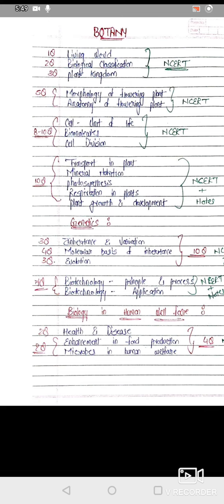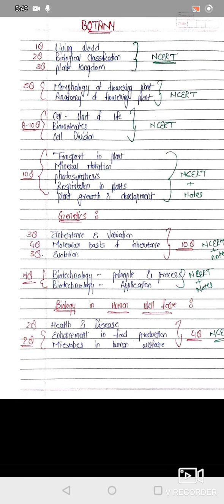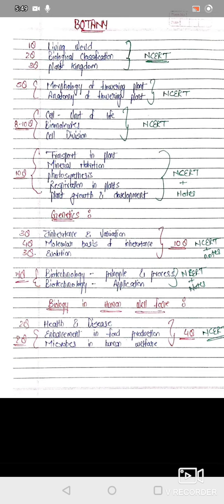But if you compare it with genetics, you are studying only 5 chapters including inheritance, variation, molecular basis, evolution, biotech process and application. You are studying only 5 chapters, but in return you are getting 17 questions. And in plant and animal physio you are studying 12 chapters, you are getting only 20 questions. Okay, so genetics is better.